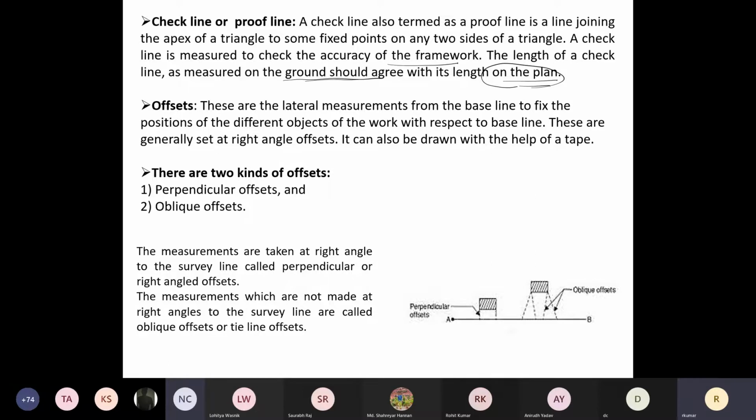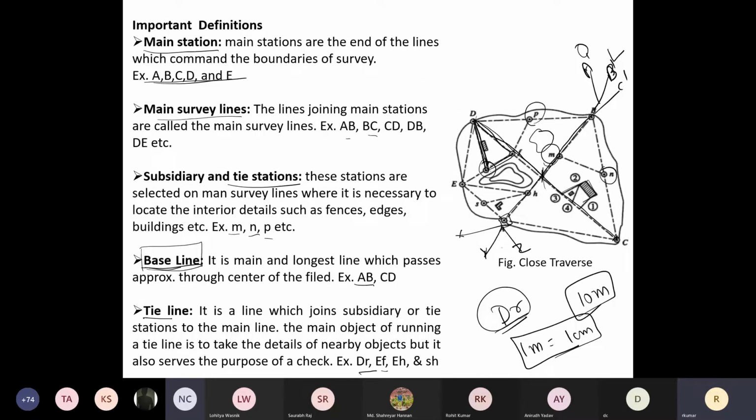Listen, why are we doing this exercise? If I'm doing all this on the ground, measuring the main stations and chain lines, I should prepare a map. Is this clear so far? Yes, sir. So in the map, suppose I'm measuring this distance DR. Your map has some scale.